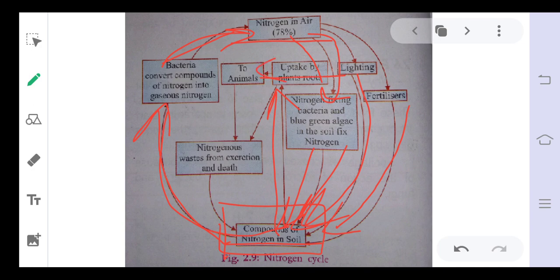The nitrogen present in the soil is first taken by the plant.